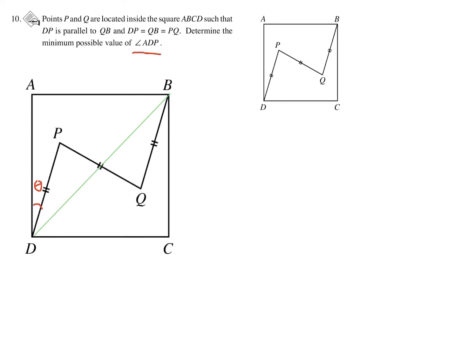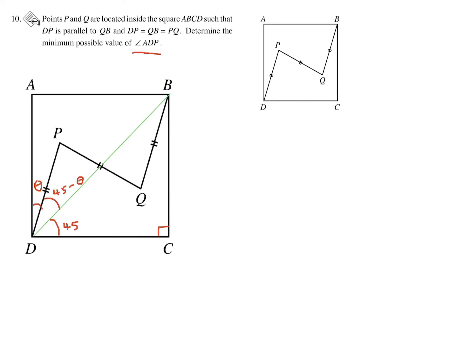And then this angle here, because it's a square, is a right angle. And then if I drew that green diagonal, that means that this is 45 degrees. Right? And this is a right triangle also. And therefore this guy in there, since this is also 45, that is going to be 45 minus theta.